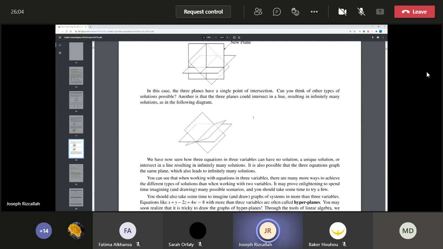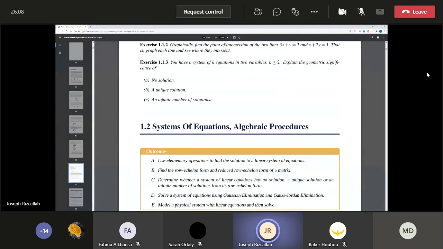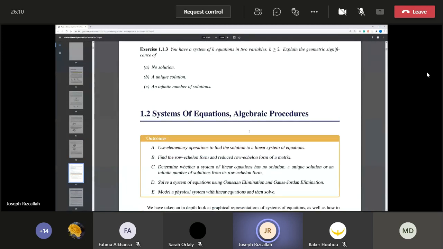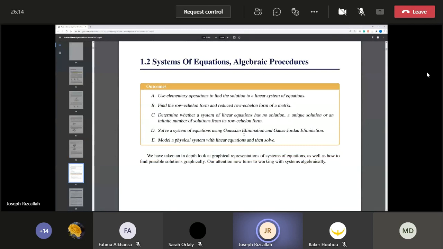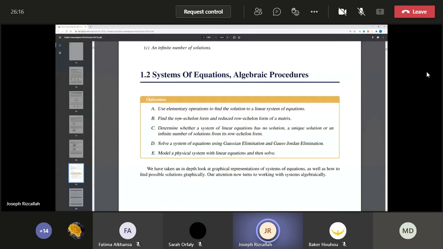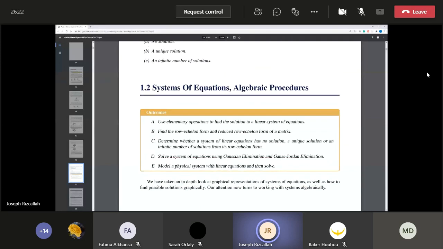I'm using a book. You can follow if you like on your device, or you can follow on the screen here, right? So now we start the algebra of the equations, okay? If I give you an equation, the question is, what are you going to do to solve it? And not only this, how can you tell whether the equation admits a solution in the first place, before you even begin solving it?